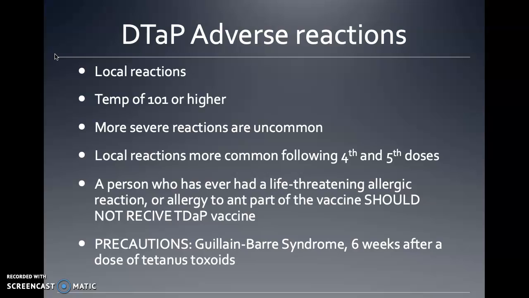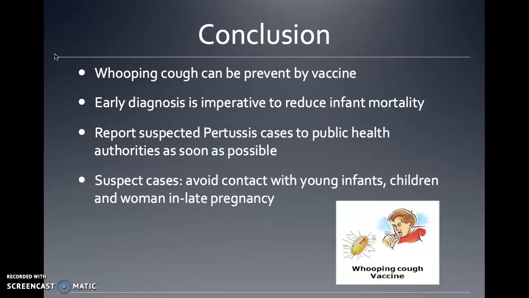More severe reactions are uncommon, and local reactions are more common following the 4th or 5th doses of vaccination. A person who has ever had a life-threatening allergic reaction to any part of the DTaP vaccine should not receive the DTaP vaccine. And of course, you have to keep in mind Guillain-Barré syndrome within 6 weeks after a dose of tetanus toxoid vaccination.